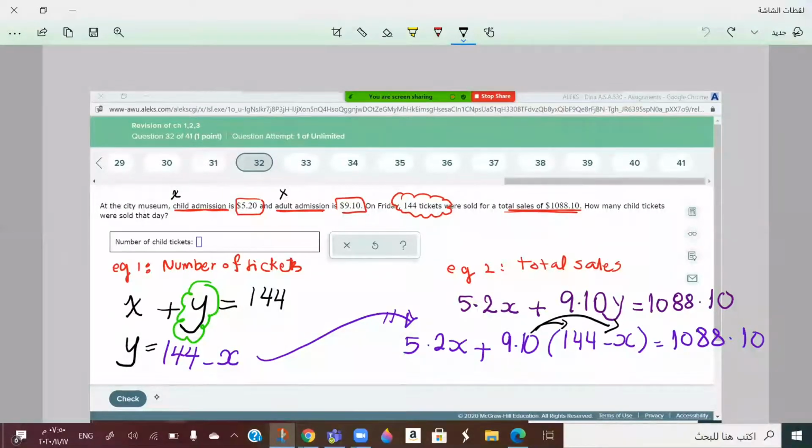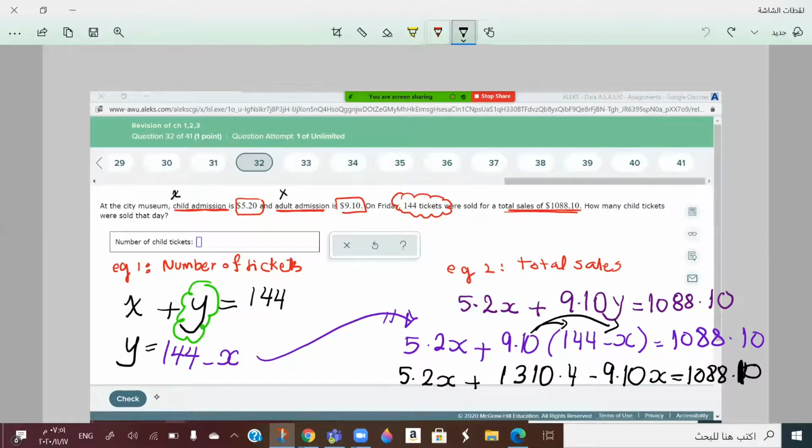So at the end, you will have 5.2x plus, if you did this term, 1310.4 minus 9.10x equal 1088.10. Now, what you have here is like terms.